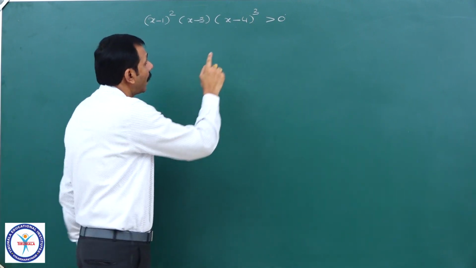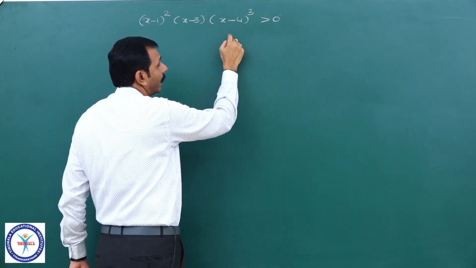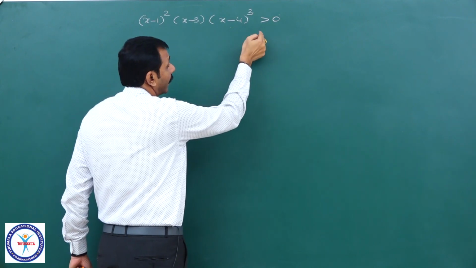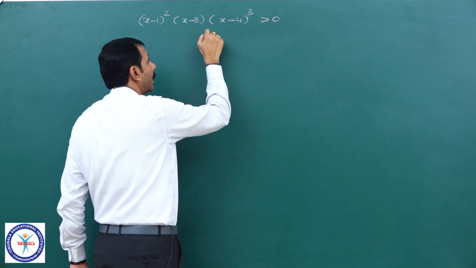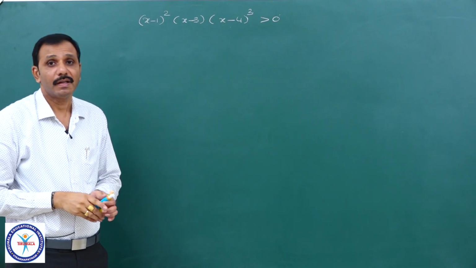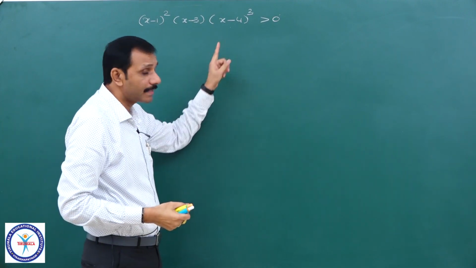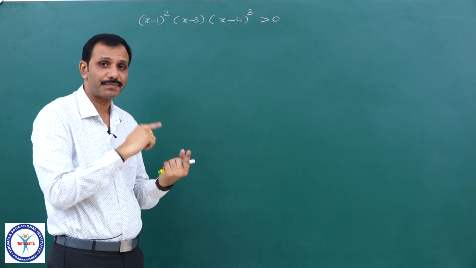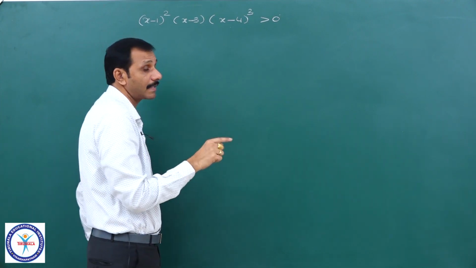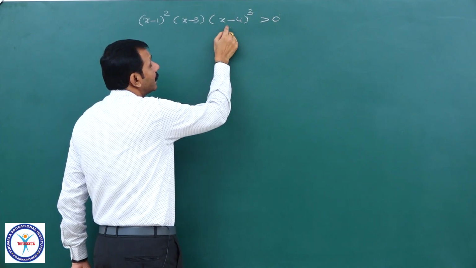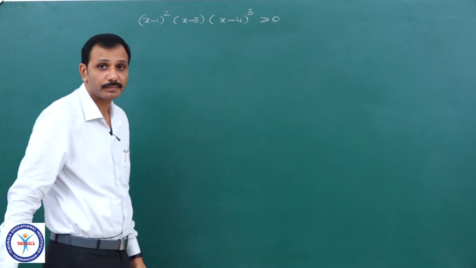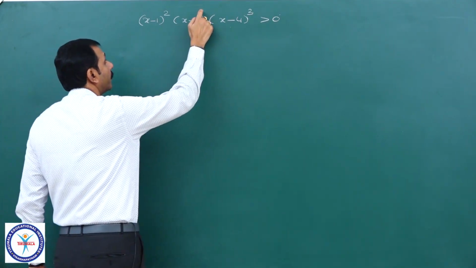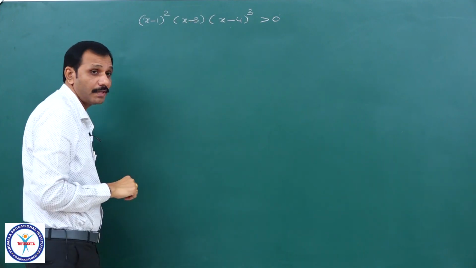If the power is odd, then at x equal to 4 it is 0 only. Greater than 4 positive, less than 4 negative. That is, at x equal to 4, the right side of 4 is positive and the left side of 4 is negative, so the sign will change at x equal to 4. At x equal to 3, because the power is odd, the sign will change.